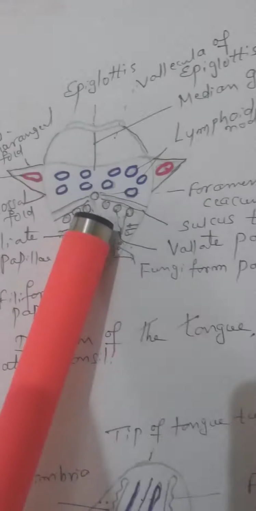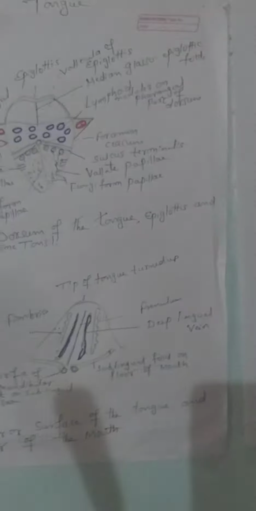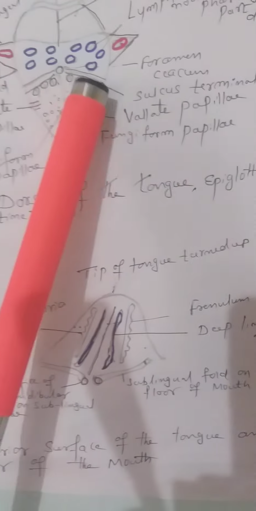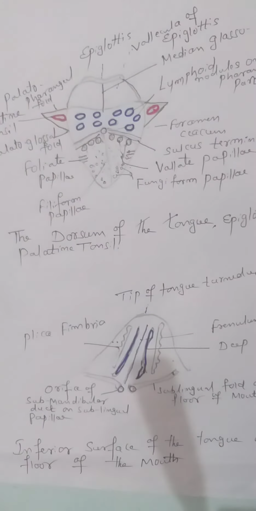You can see here the minute papillae are the filiform papillae, and larger than this are the fungiform papillae. These fungiform papillae are larger than the filiform but smaller than the circumvallate papillae.